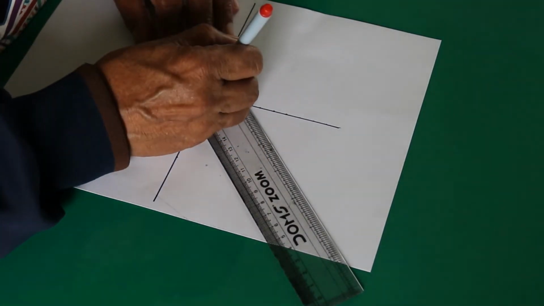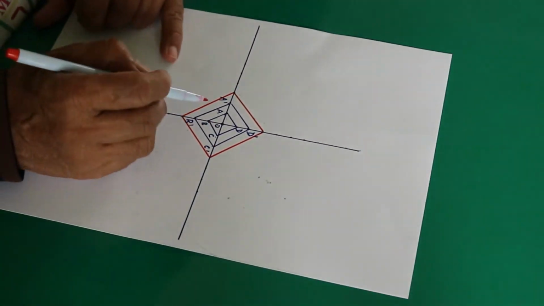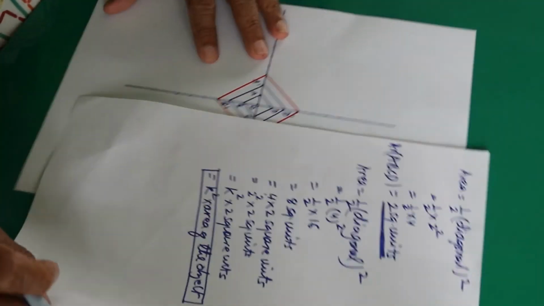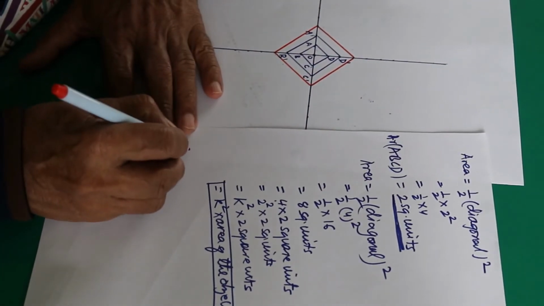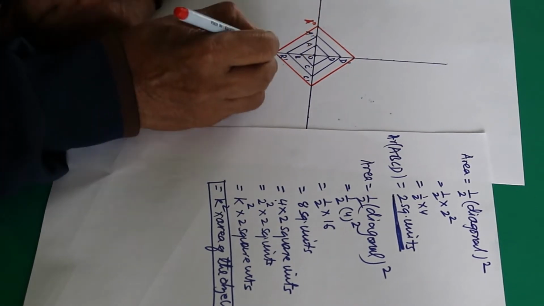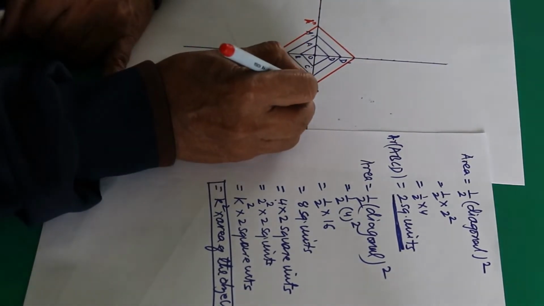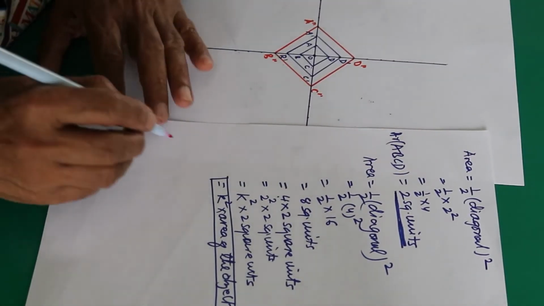Okay, so now let's do it here. Area of this red square. Let me call it A double dash, B double dash, C double dash, and D double dash, like that.